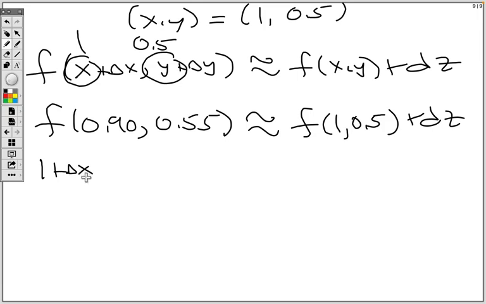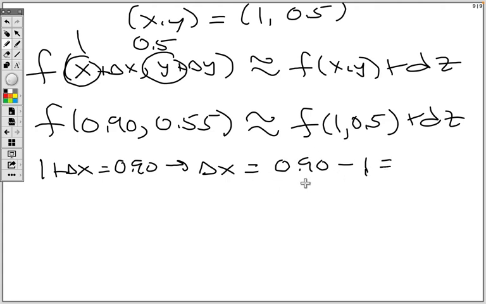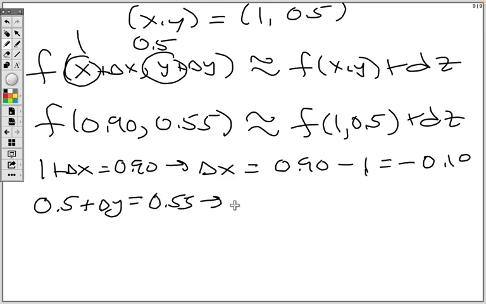So 1 plus delta x is 0.9. So delta x is 0.9 minus 1. It's the new x value minus the x value we know about, negative 0.1. Y plus delta y is 0.55. So 0.5 plus delta y is 0.55. So delta y is the new y value minus the y value we know about.